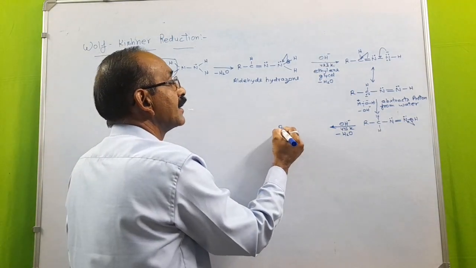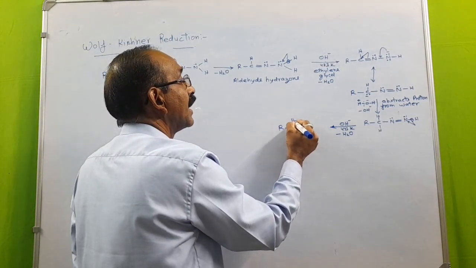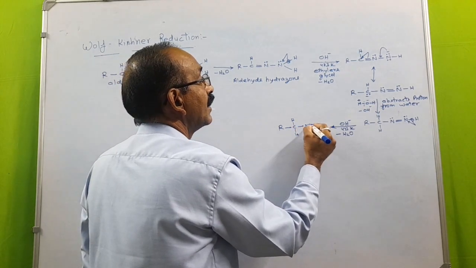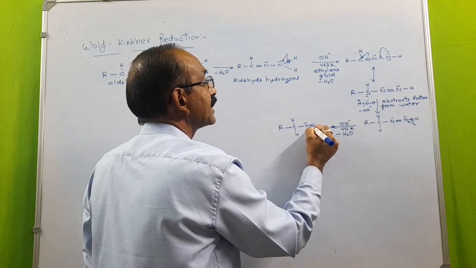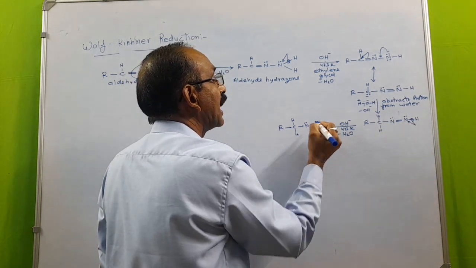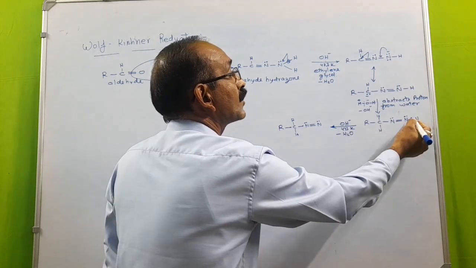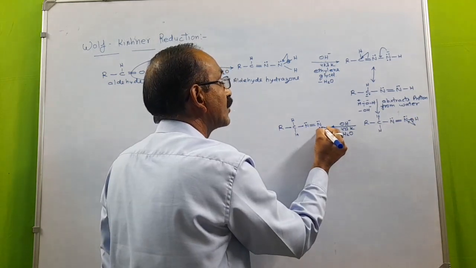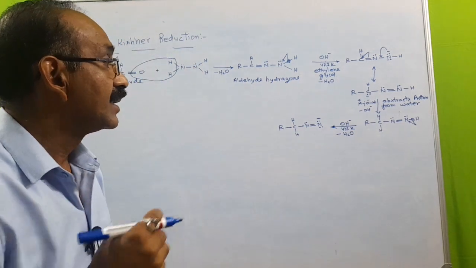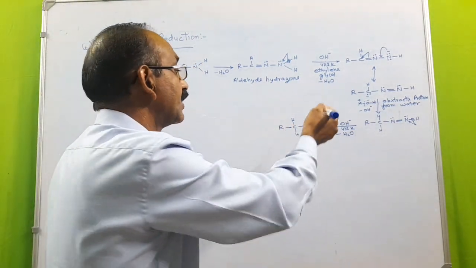Here it's R, C and H. Here nitrogen has a lone pair, there's a double bond between the two nitrogens, and this nitrogen was already having one pair of electrons, and the 2 electrons of this NH bond come over this nitrogen. That's why it will now become negatively charged. This type of anion will be obtained.